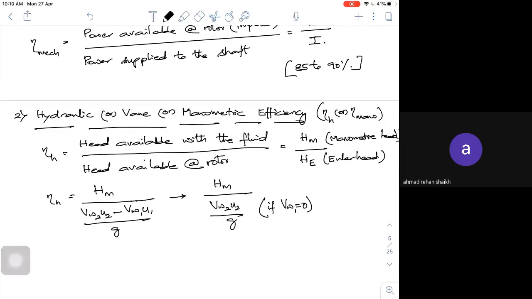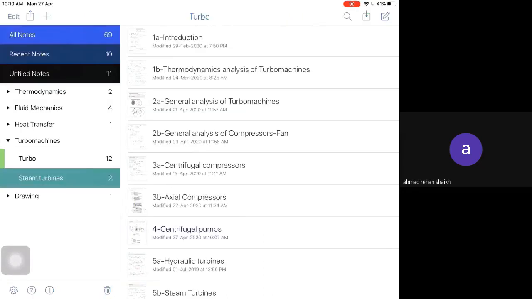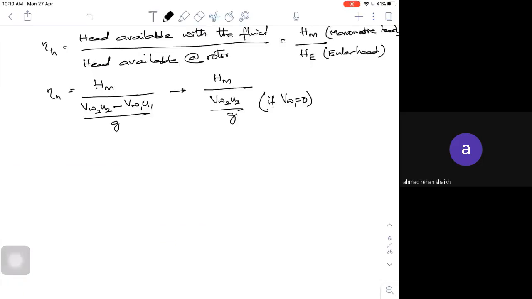Okay. Now the third type of efficiency we have to look into is the volumetric efficiency.